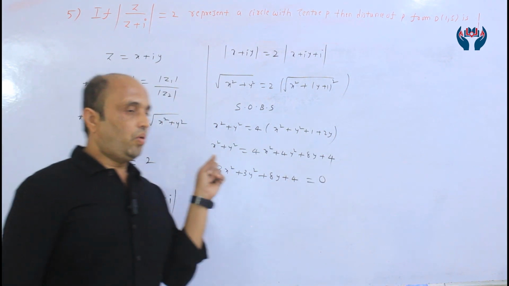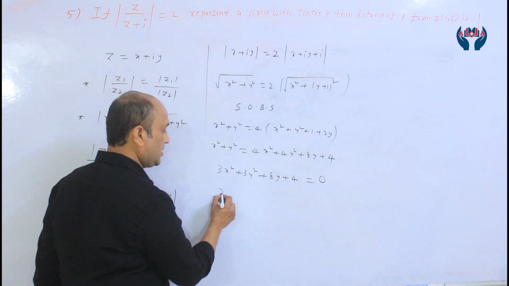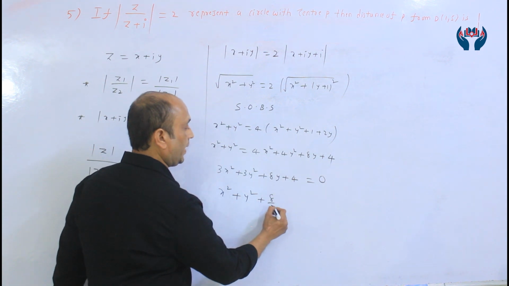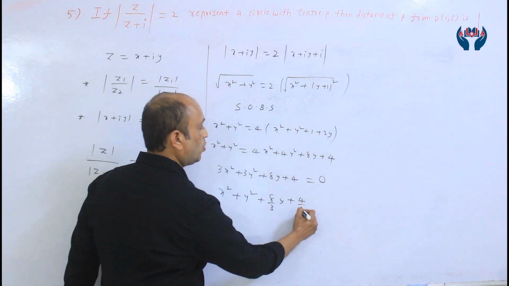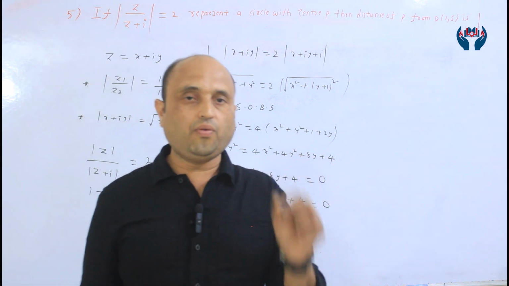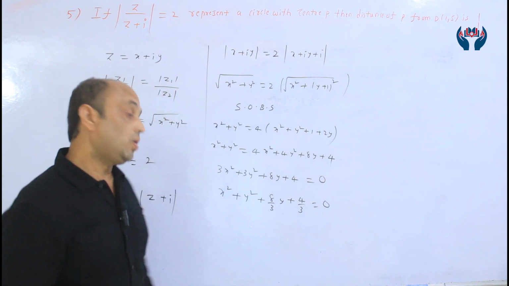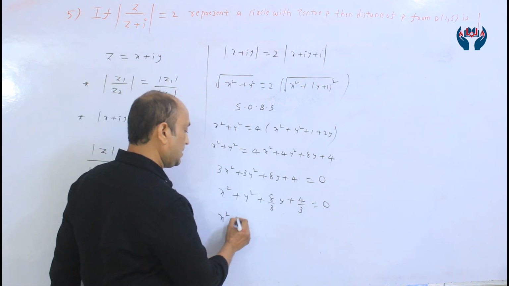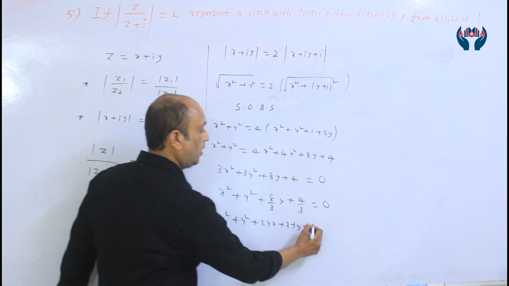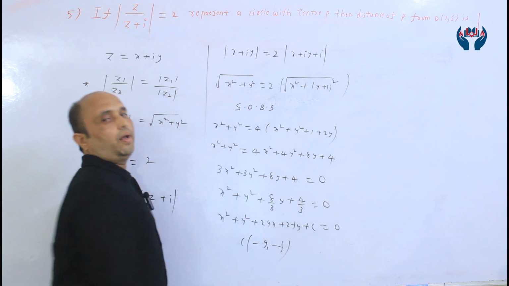Now make the coefficient of x square and y square equal to 1. So take 3 common and send 3 to the other side: x square plus y square plus 8 by 3 y plus 4 by 3 equal to 0. This is the equation of a circle in general form: x square plus y square plus 2gx plus 2fy plus c equal to 0, whose center is (minus g, minus f).